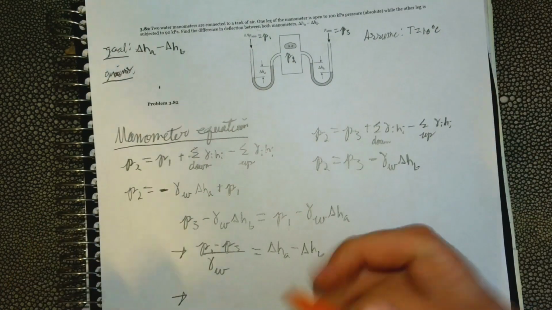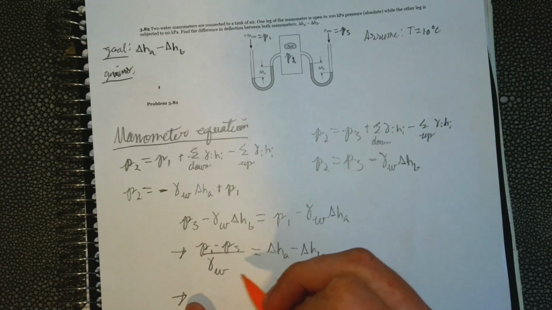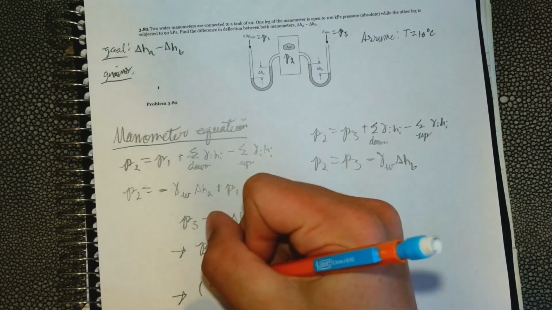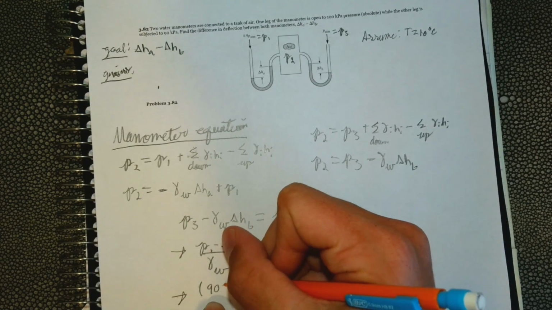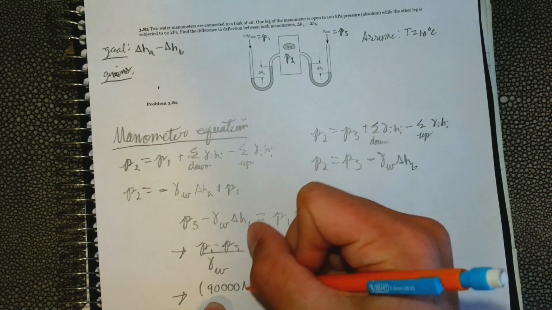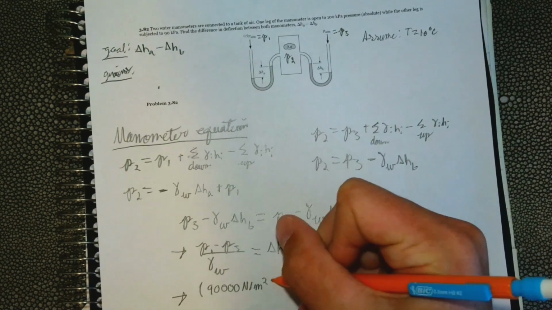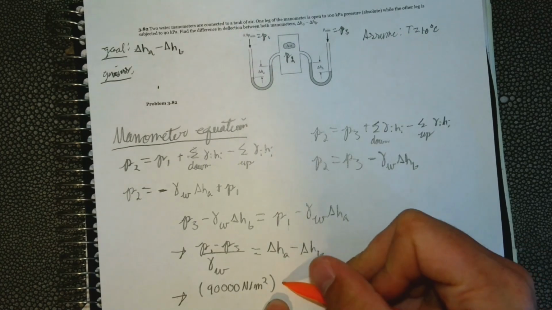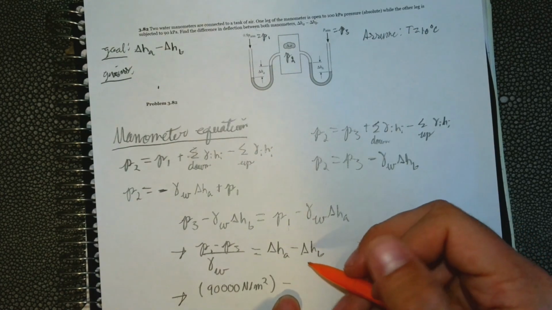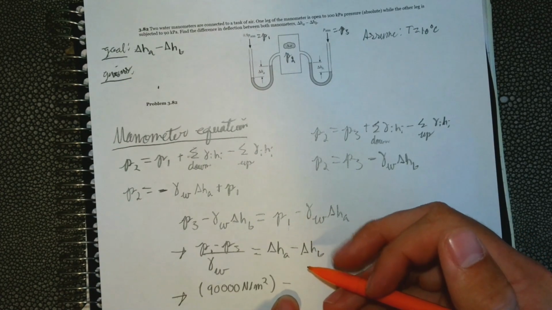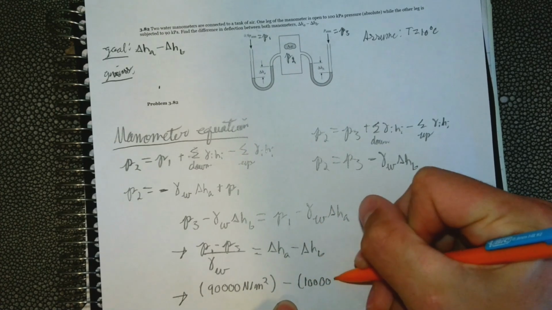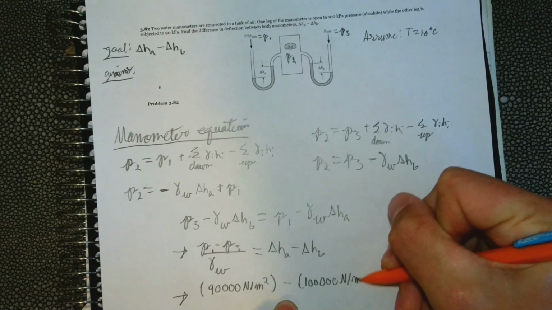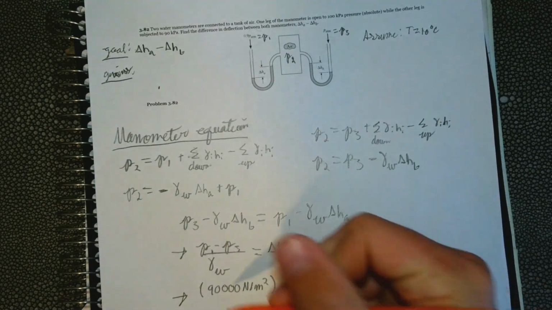So we plug in everything we know. P1 is 90 kilopascals, which is also 90,000 newtons per meter squared. Pressure 3 is 100 kilopascals, which is also 100,000 pascals, or 100,000 newtons per meter squared.